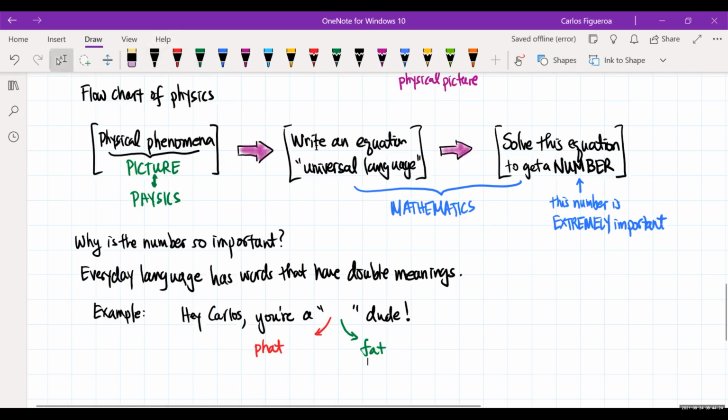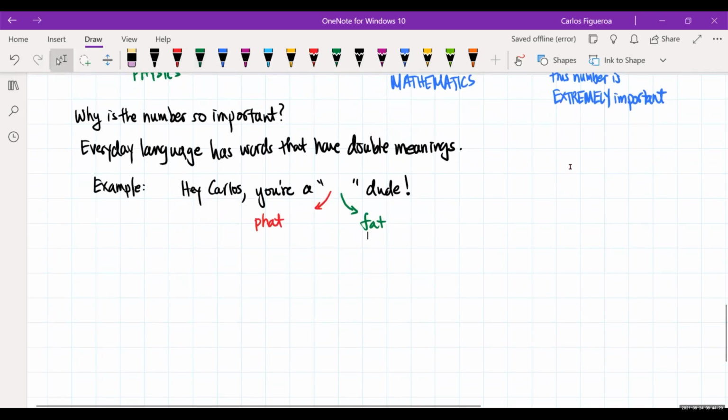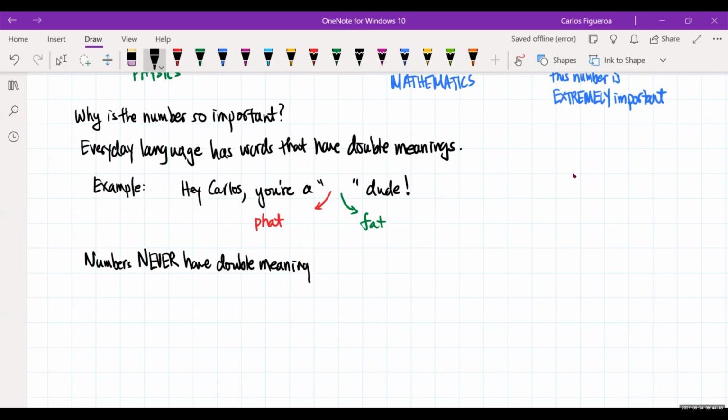So why do scientists use the number? The answer is that numbers never have double or obscure meanings. A very clear example would be a pencil.